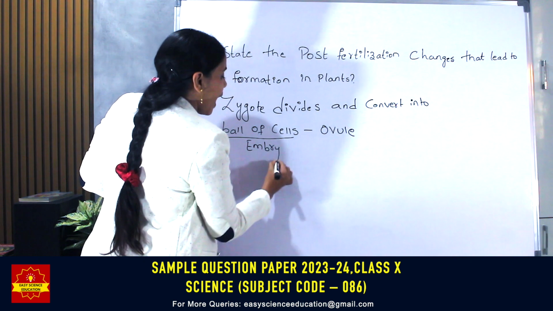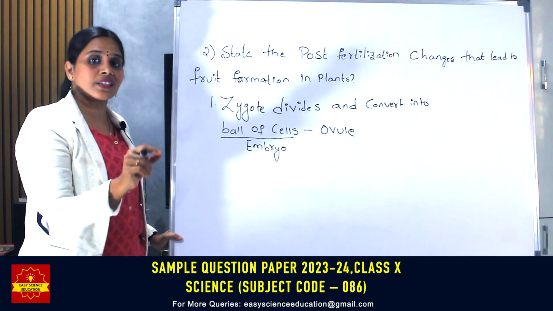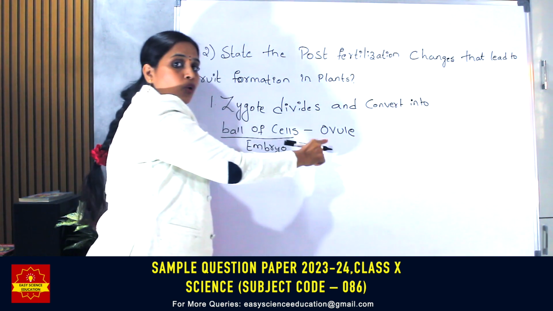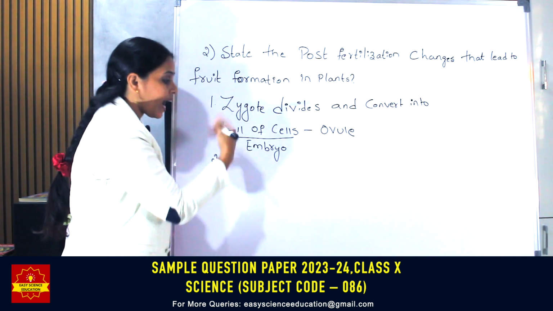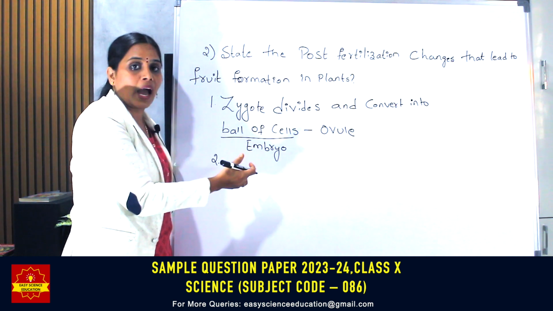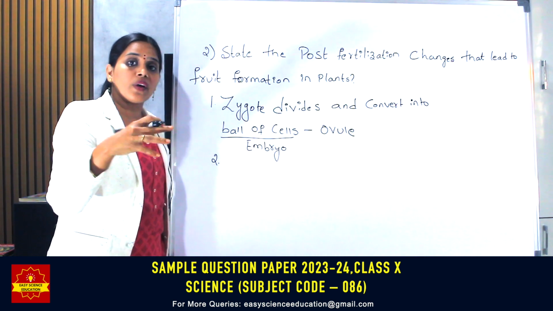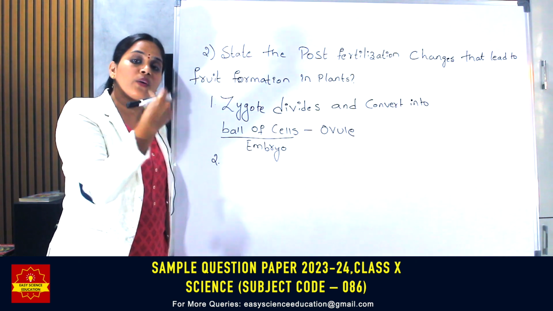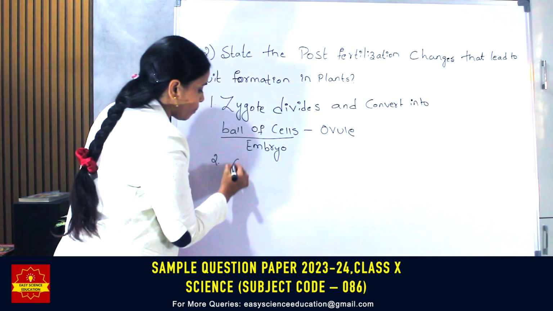That means after fertilization, the first thing that happens is the formation of the embryo within the ovule. And the second point: after the formation of the embryo, the ovule gradually develops a tough coat and is converted into a seed.